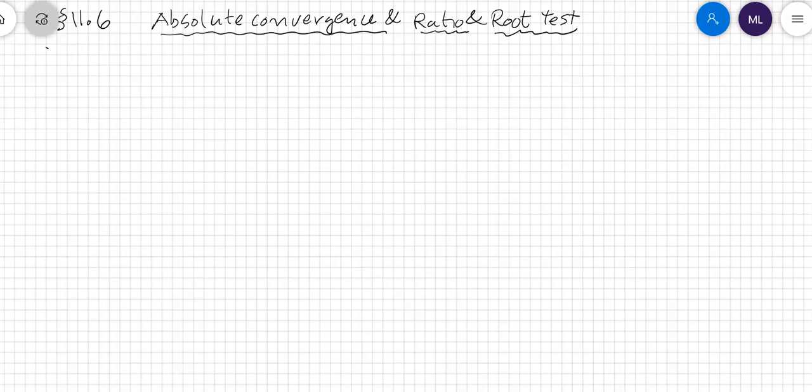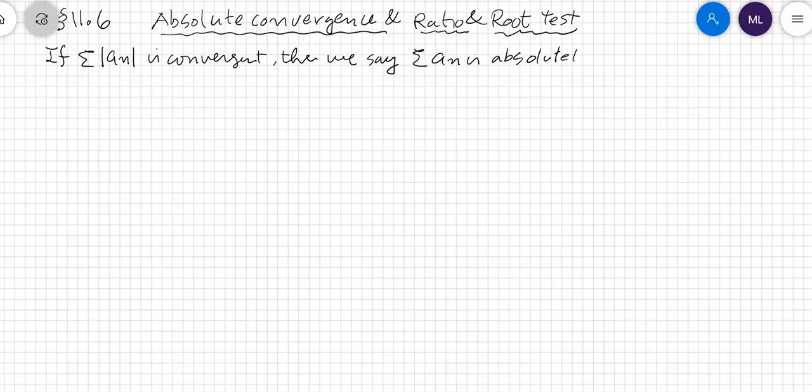So if the sum of |aₙ| is convergent, then we say the sum of aₙ is absolutely convergent.